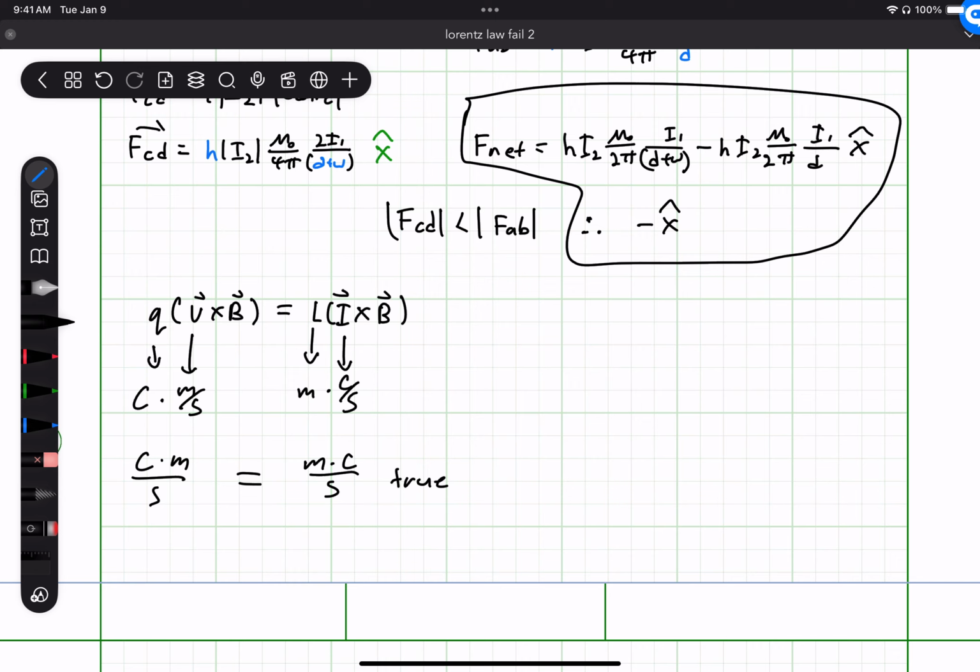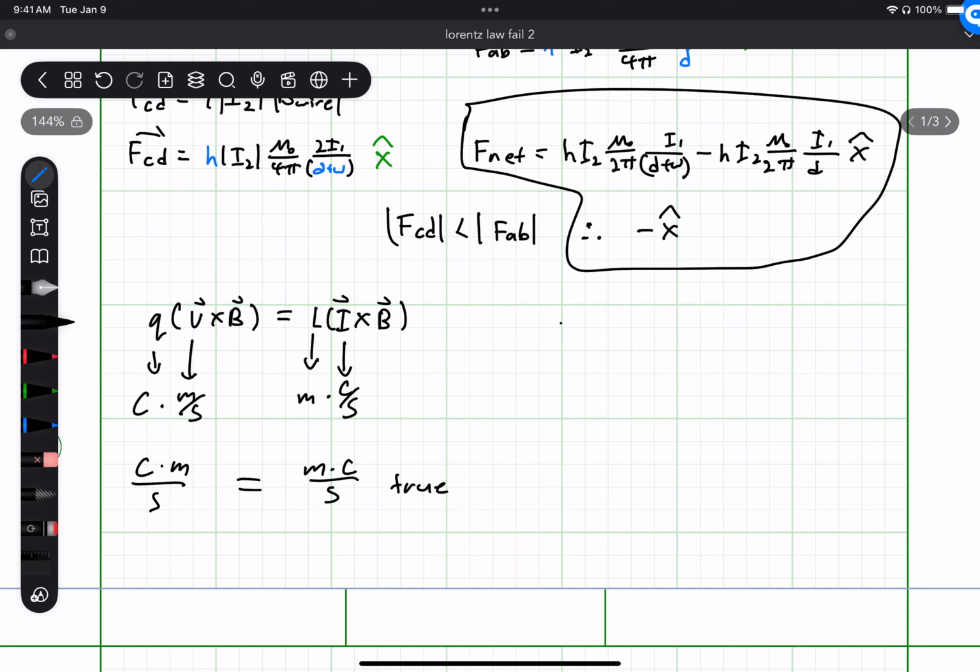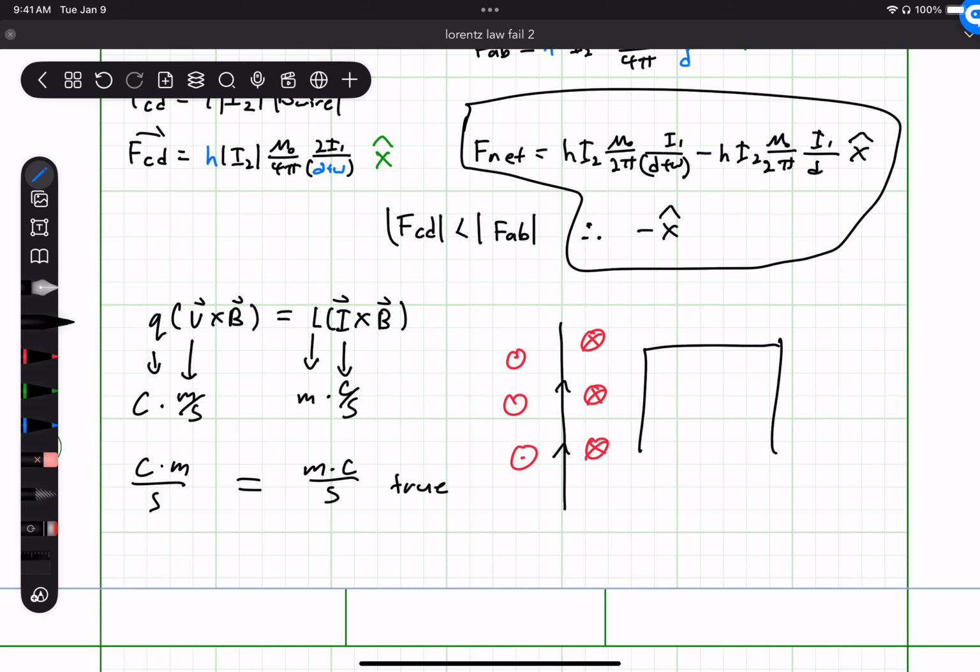Now, another thing you might be confused on is, given our infinite wire, you understand that there's a B field going around the wire on the right side, going into the page, and on the left side is coming out of the page. And the loop of wire we're observing is on the right side, so the B field must be going into the page.